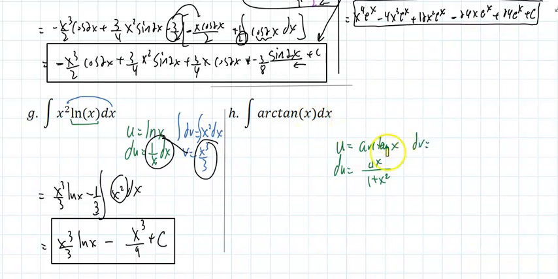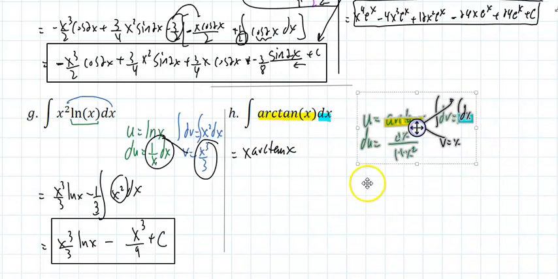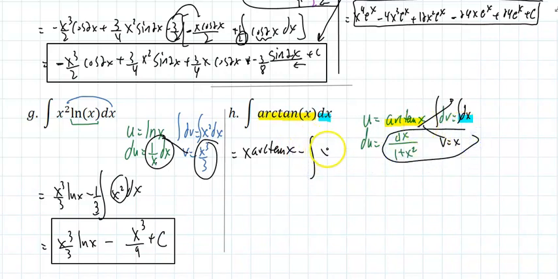If I let u equal this, dv must be the leftover, whatever is left over. Integrate, and v equals x. So this is going to equal u times v minus the integral of v du. That is x over x squared plus 1 dx. Here, I'm going to let u equal x squared plus 1. du is 2x dx.